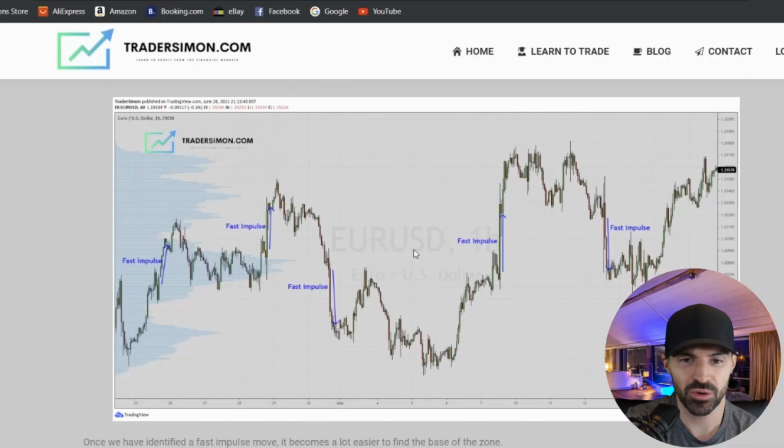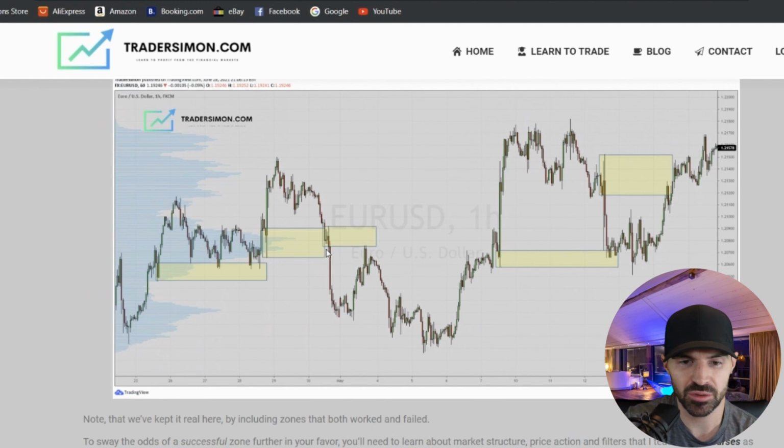So when you look at the overall chart, you're looking for these big impulse moves to the upside or to the downside. And they're basically inefficiencies. So price likes to fill all those inefficiencies. But if the candle is very small, you're going to have a very small supply zone. So you're going to miss out on trades.